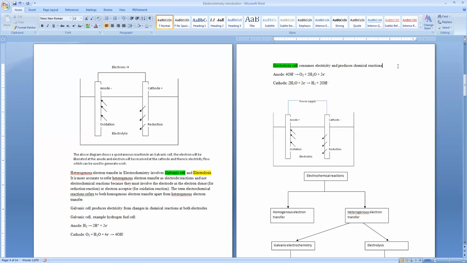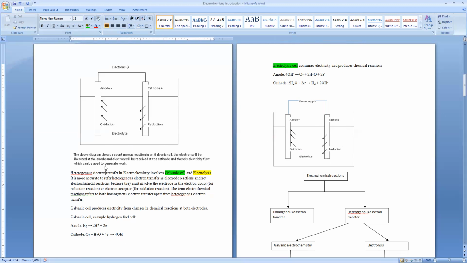When you connect this power supply to the anode and the cathode, you have an electrochemical reaction at the cathode and an electrochemical reaction at the anode. Both reactions are non-spontaneous, meaning this reaction will not occur unless you connect a power supply to both of the electrodes.